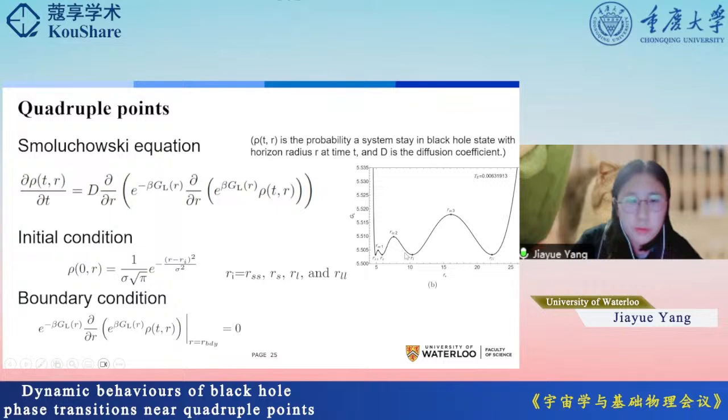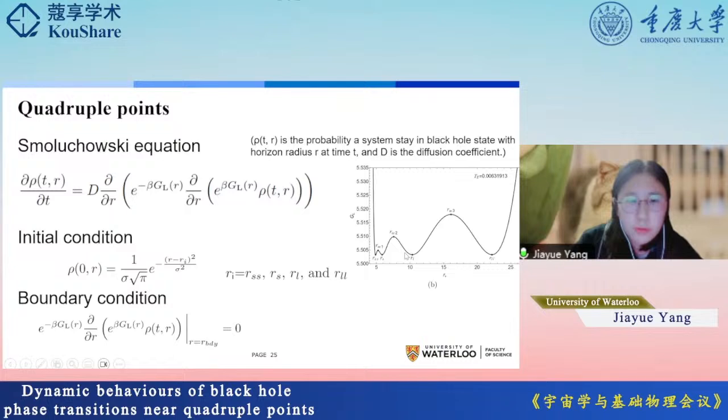And in the Gibbs free energy diagram, as we can see, if the horizon radius is low enough or high enough, the Gibbs free energy will become infinity. So it is reasonable to set reflective boundary conditions at the left-hand side and the right-hand side.